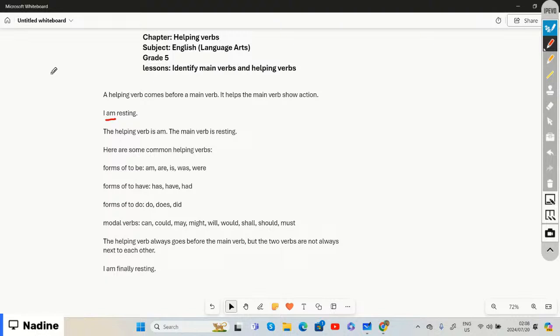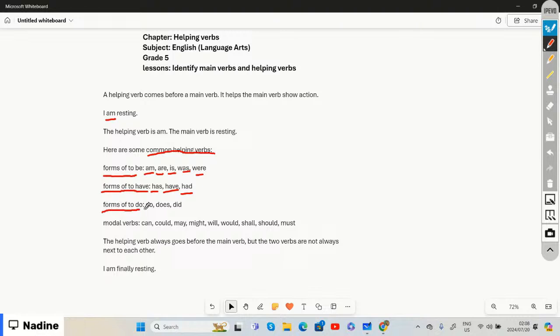And if we look at a few common helping verbs, right? A few common helping verbs are words like am, are, is, was, and were. And these are forms of to be. Forms of to have are has, have, and had.